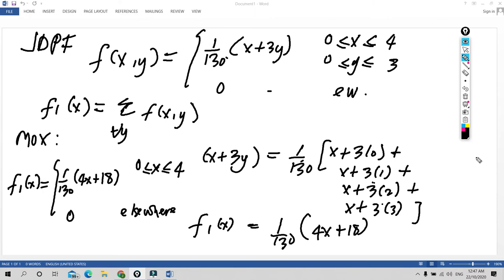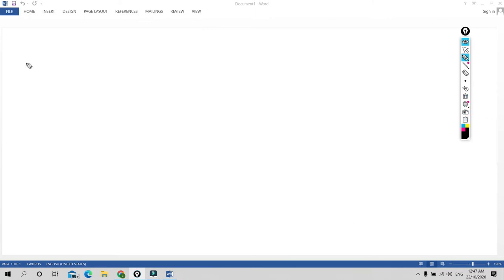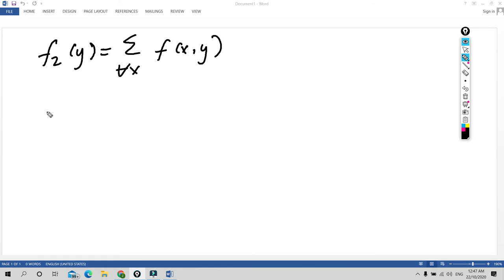Now the second part, let's say I want to find the marginal of y. So the marginal of y, f sub 2 of y, is equal to the summation for all x of f(x,y). The summation for all x is given as x from 0 to 4.